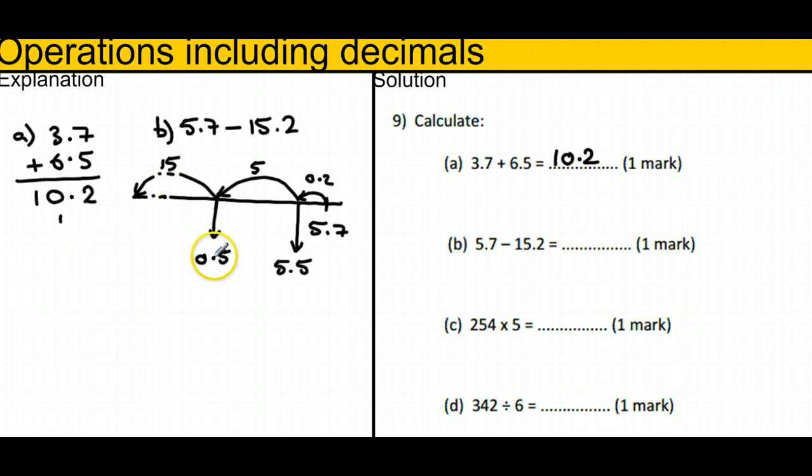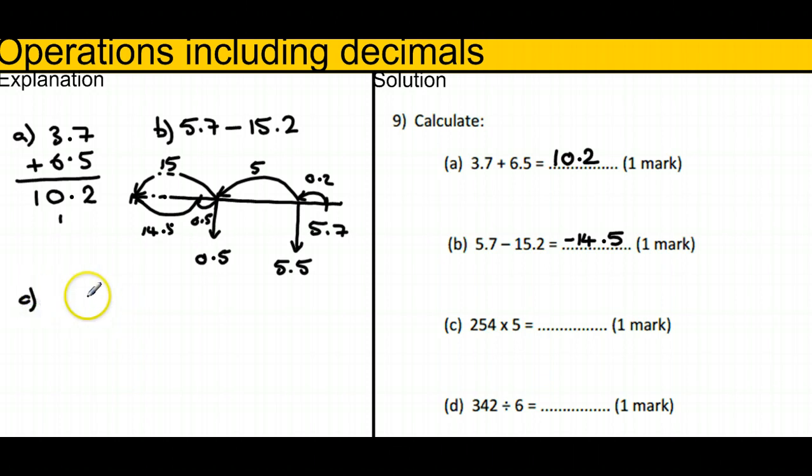So if I start at 0.5 and I take away 15, well, we've got 0.5 of it to get us to 0, and then that leaves us with 14.5 left to take away. So we're going to end up with negative 14.5. And I find that number lines can work better for more complicated subtractions.